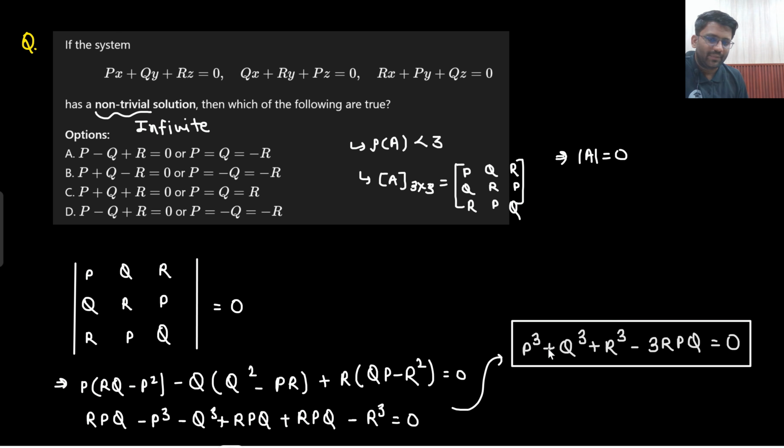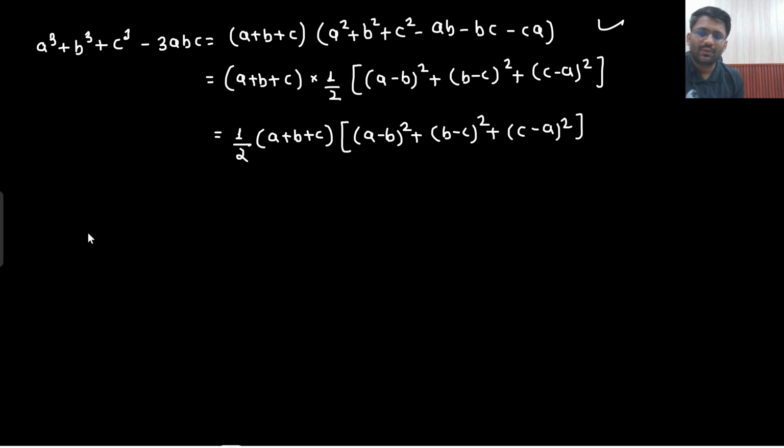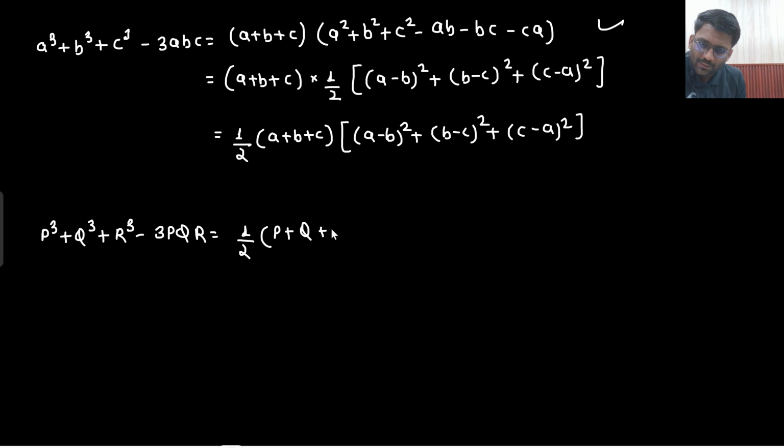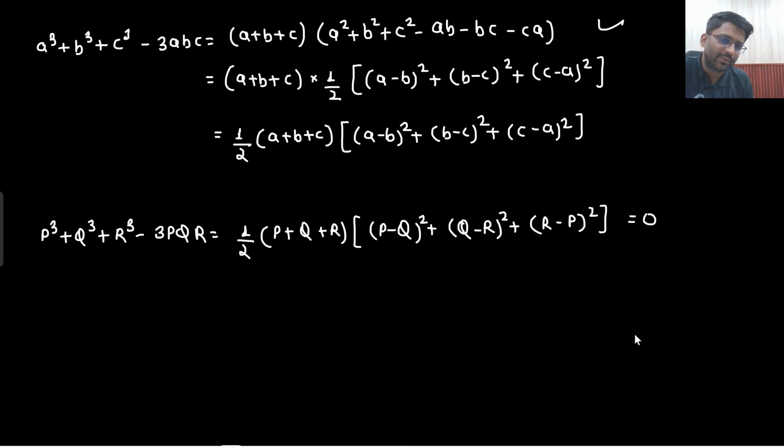So p cube plus q cube plus r cube minus 3pqr would be equal to 1 by 2 into p plus q plus r multiplied with p minus q whole square plus q minus r whole square plus r minus p whole square. And that should be equated to 0.